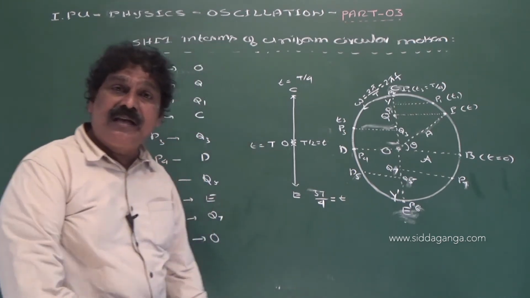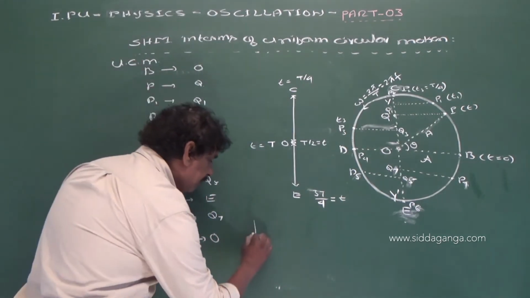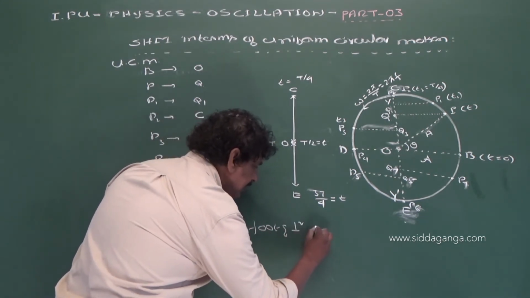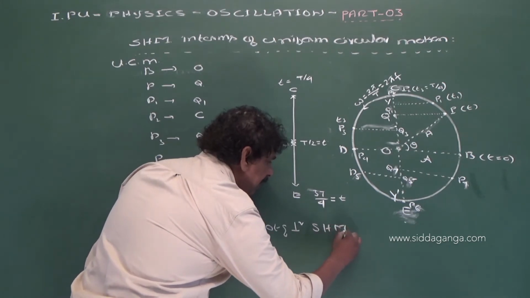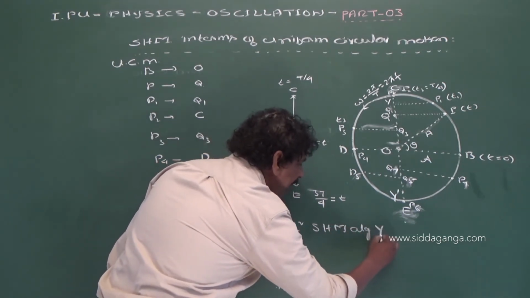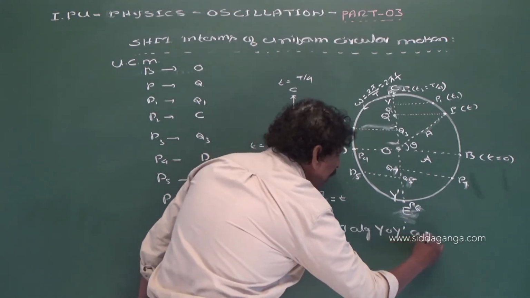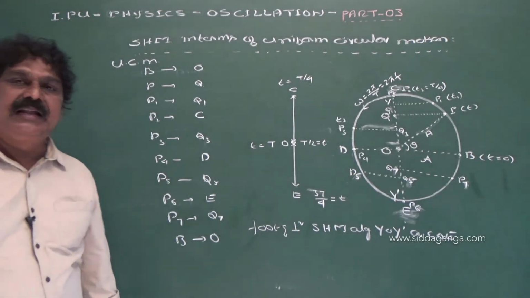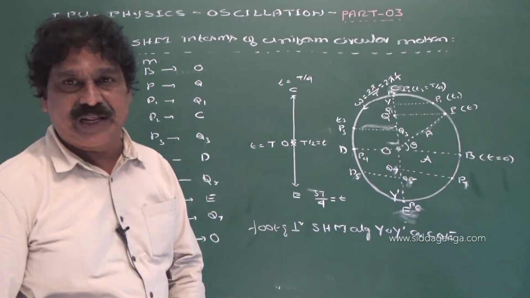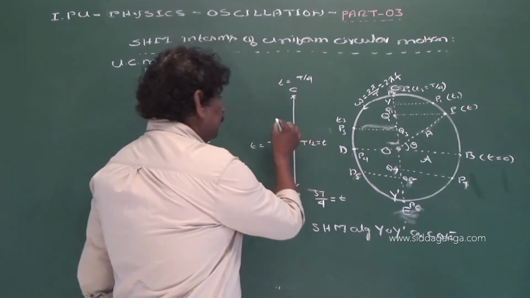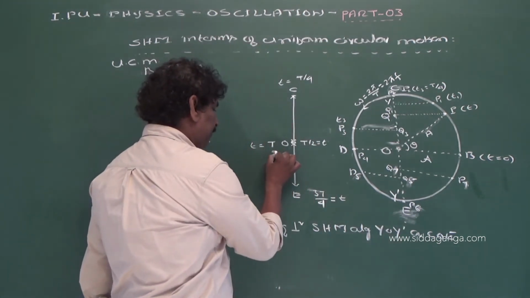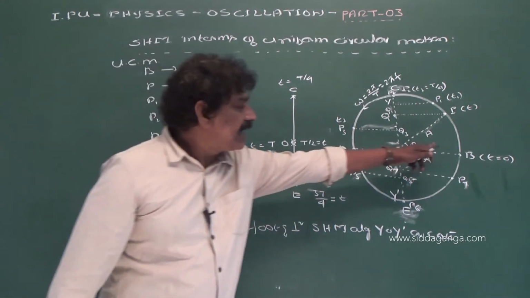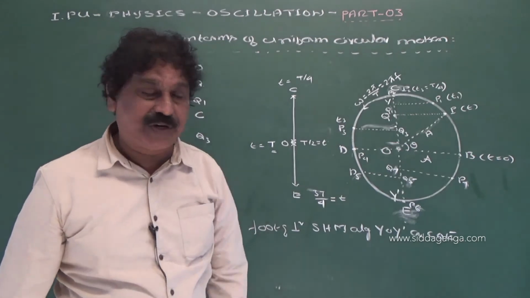That means the foot of the perpendicular executes simple harmonic motion along y dash or COE. Now the foot of the perpendicular is executing simple harmonic motion. Now the time period of the to and fro motion is the same as the time period of circular motion.